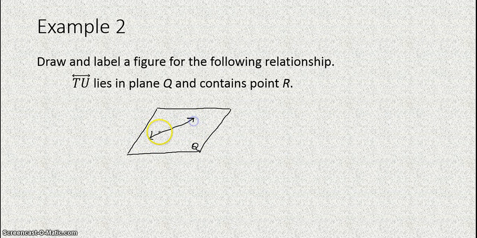So T and U need to both be on that line. And it says that the line also contains point R, so I need to put point R on that line as well. Your picture does not have to look exactly like this, but the line does need to be inside the plane, and all 3 points need to be on that line.